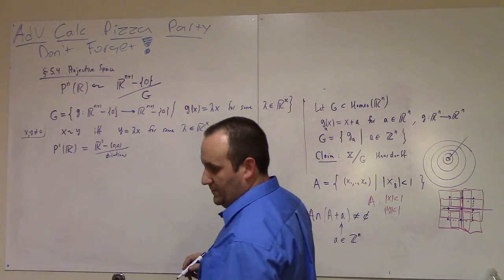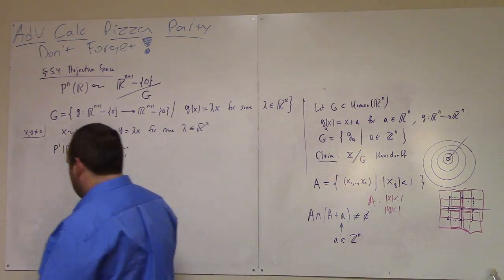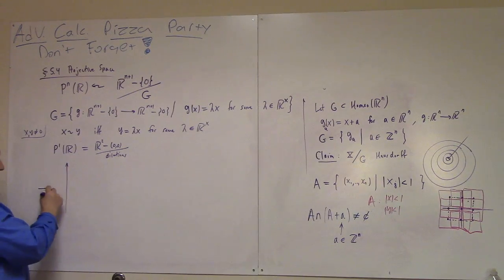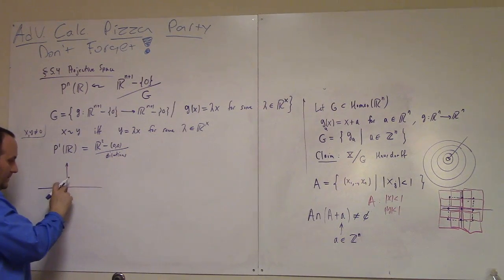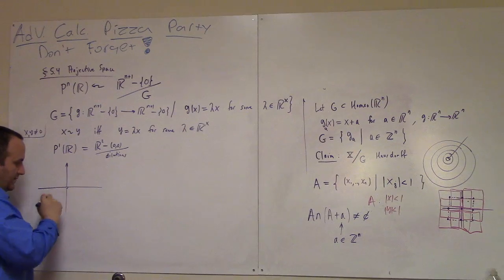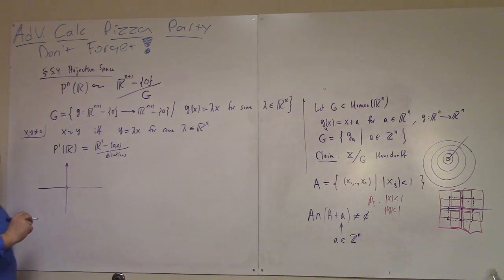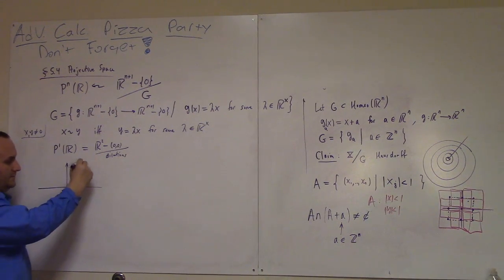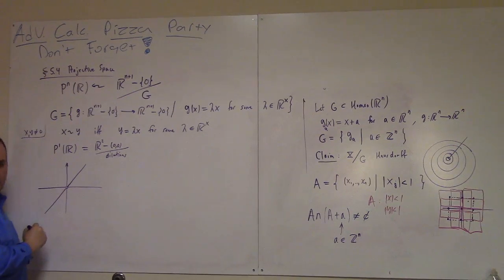So if you want to picture that, remove the origin. So the equivalence classes, the analog of my circles in the previous example, they're lines through the origin, right?